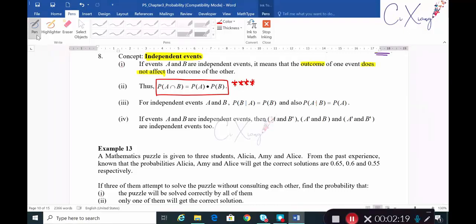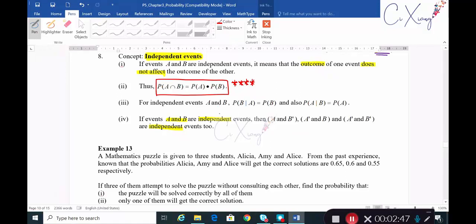Then for the next one, when A and B are independent, that means all the complement events between them are also independent. So in short, for any independent events, the outcome will not affect each other. And the other important point is the formula that we use for all independent events, which is A intersect B equals P(A) multiplied by P(B).